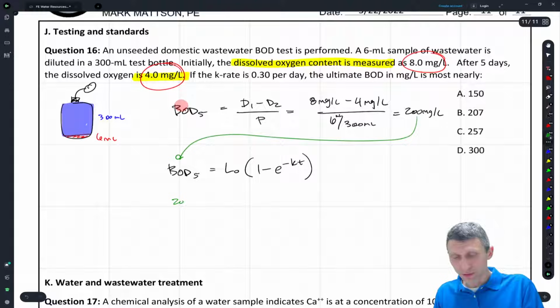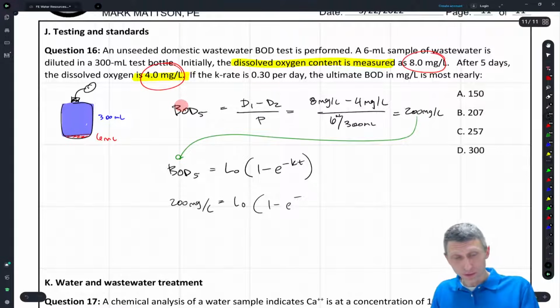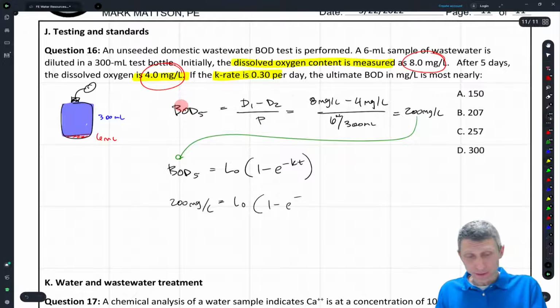So I'm going to get 200 milligrams per liter equals our L naught times 1 minus e to the minus k. And what's k? Again, this is where you're going to want to take a look at this, but hopefully you've read the problem to see that the k rate is 0.3 per day. So that's good.